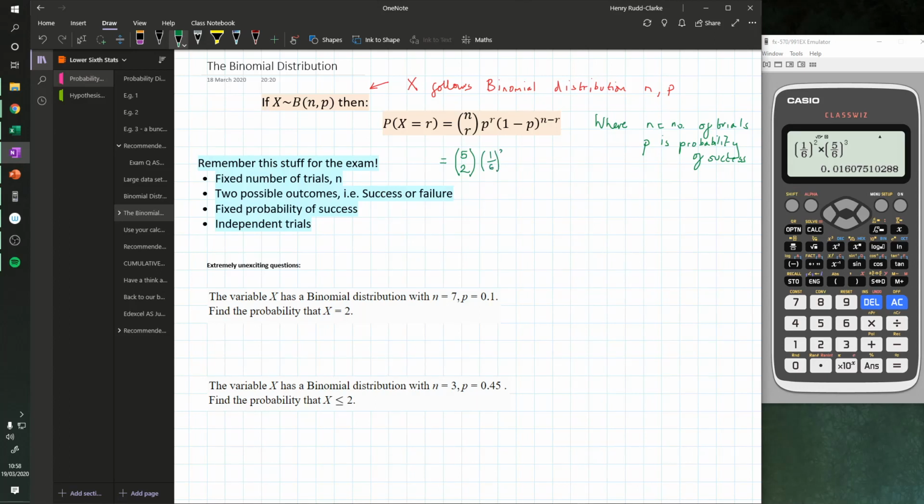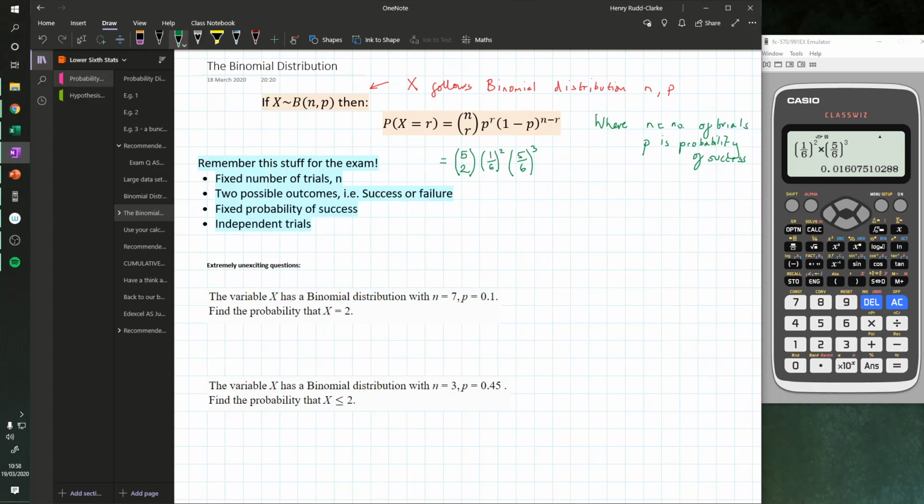We wanted that to happen 2 times, and then the probability of not success is 1 minus that, which is 5 out of 6, and there was 3 possible ways that could happen. So this is actually, if you look at my calculator on the right hand side of the screen, I still have 1/6 squared times 5/6 cubed, but I was just doing it 10 times, 10 different ways, because these could be permuted into 10 possible different orders, because obviously multiplication doesn't matter what order you do it.